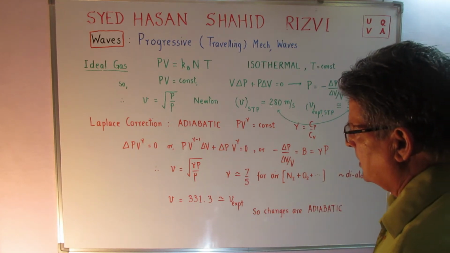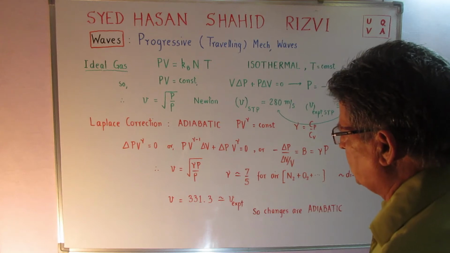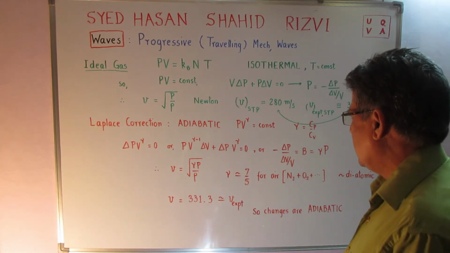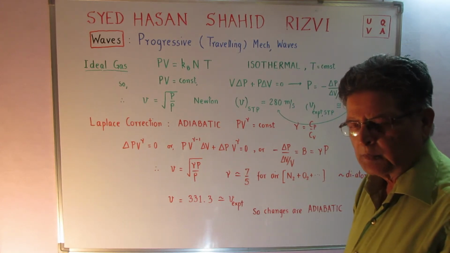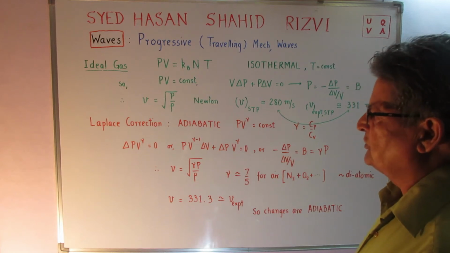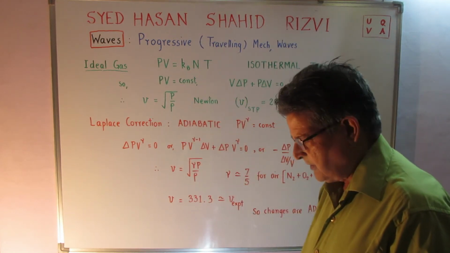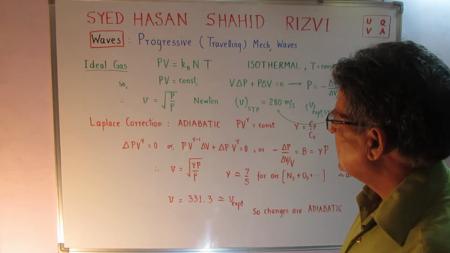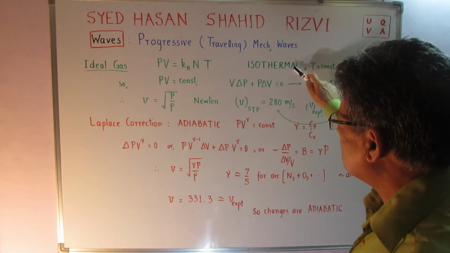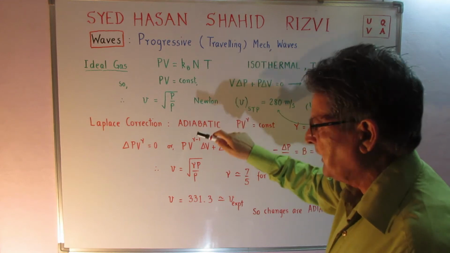Now, this was a big lacuna. Then came Laplace. He made a correction. And the correction is that instead of the isothermal process, he said that the process is adiabatic.